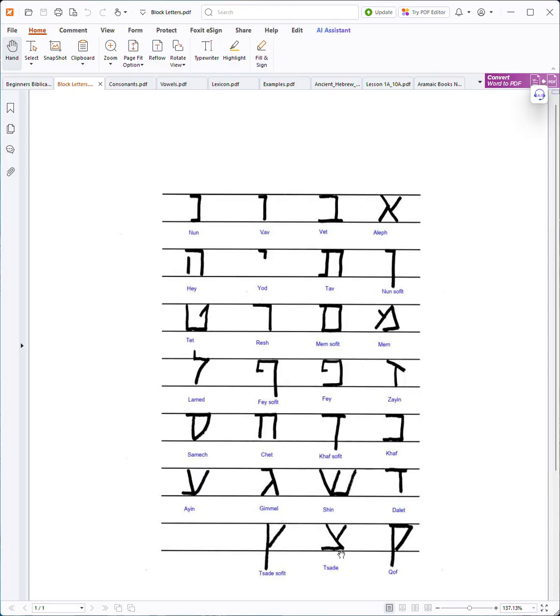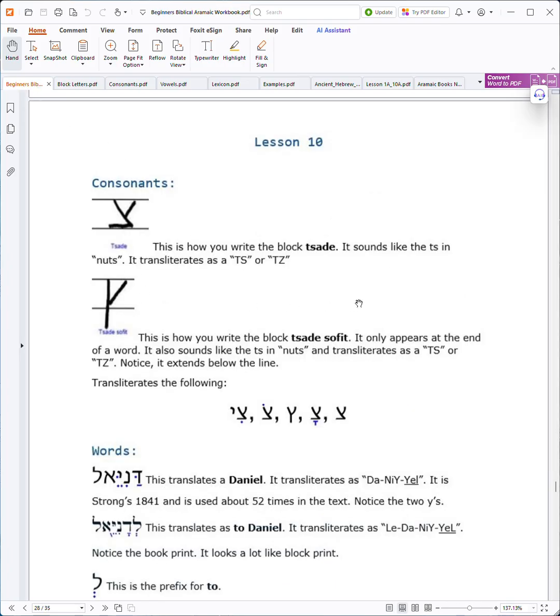The way I do this one is I draw this line and then I draw that one. Okay. Here's the Qaf. It's similar to the Qaf, but it doesn't have the top on it. So this one and this one look similar. This is a Qaf and this is a Sade Sophite. So write 5 or more of those here.